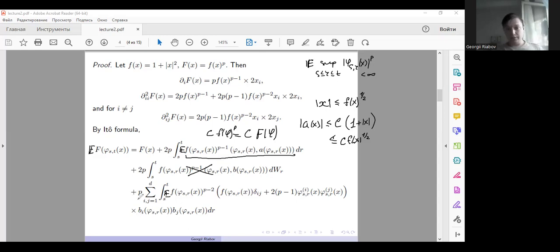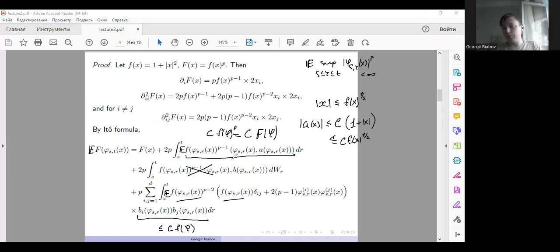And in the last integral, the function b is also Lipschitz, so this is bounded by a constant times f of phi. When i is equal to j, we get one more f of phi, and here we have f of phi to the power p minus 2.